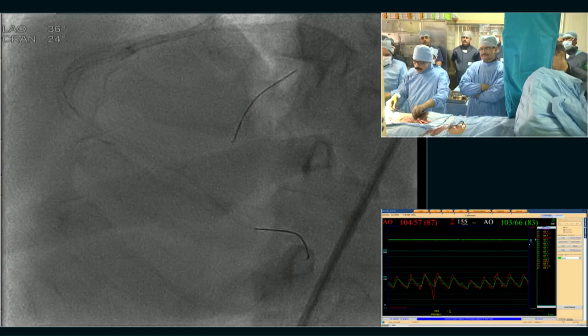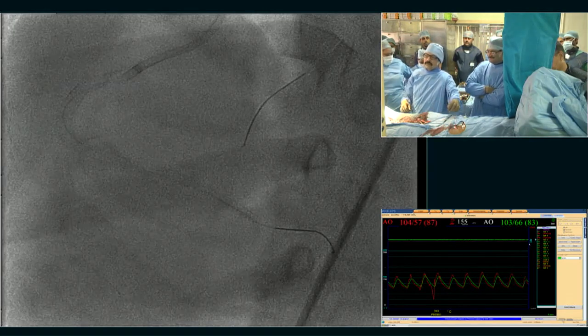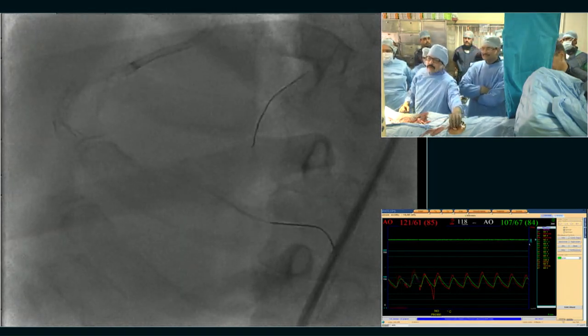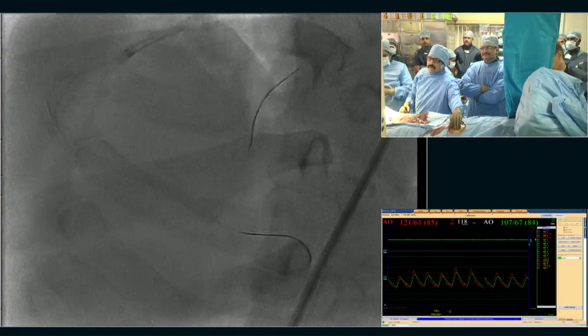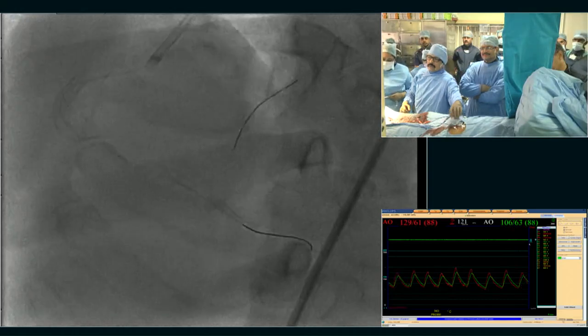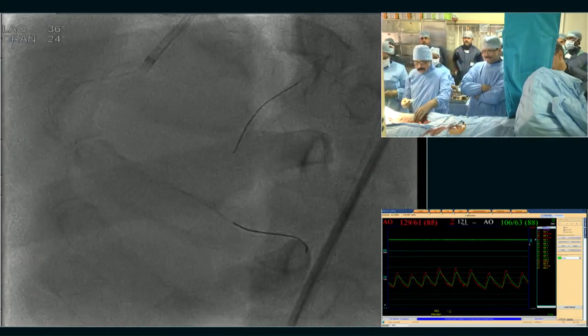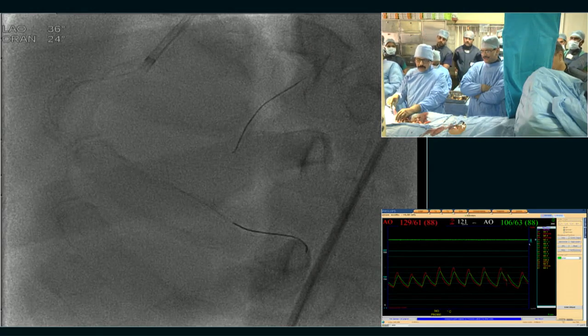So what will be your strategy here? For the PLV, I will open it with a Crusade catheter. You need to open the posterolateral branch. Absolutely. I think we take the microcatheter, Crusade, and enter the PLV with the double lumen catheter.